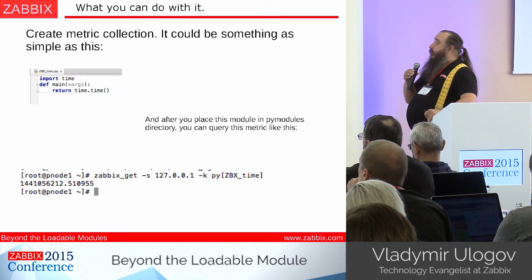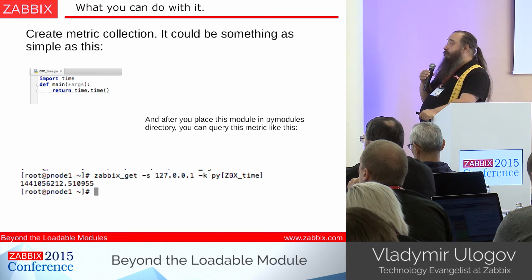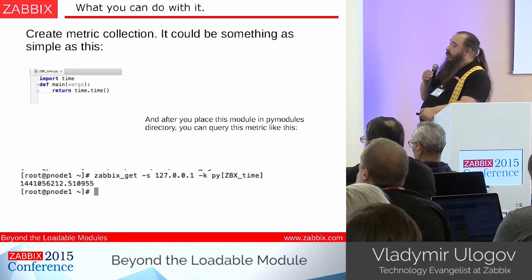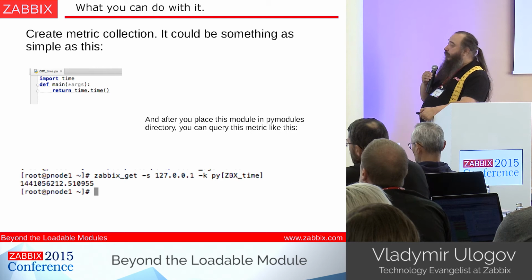And creating a metric collection could be something simple. So for example, you create a file called zbx_time.py, import the module time, and you return the current clock of the computer.